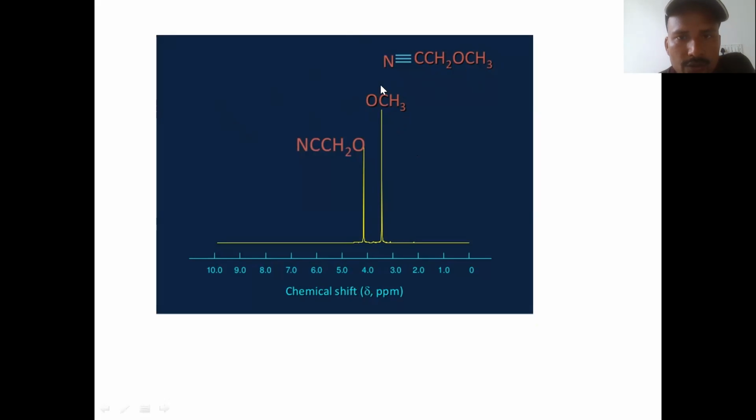The CH2 appears further downfield than OCH3 because nitrile and oxygen, both electronegative, are present, so the chemical shift is raised for the CH2 protons. It appears at 4.1 ppm.